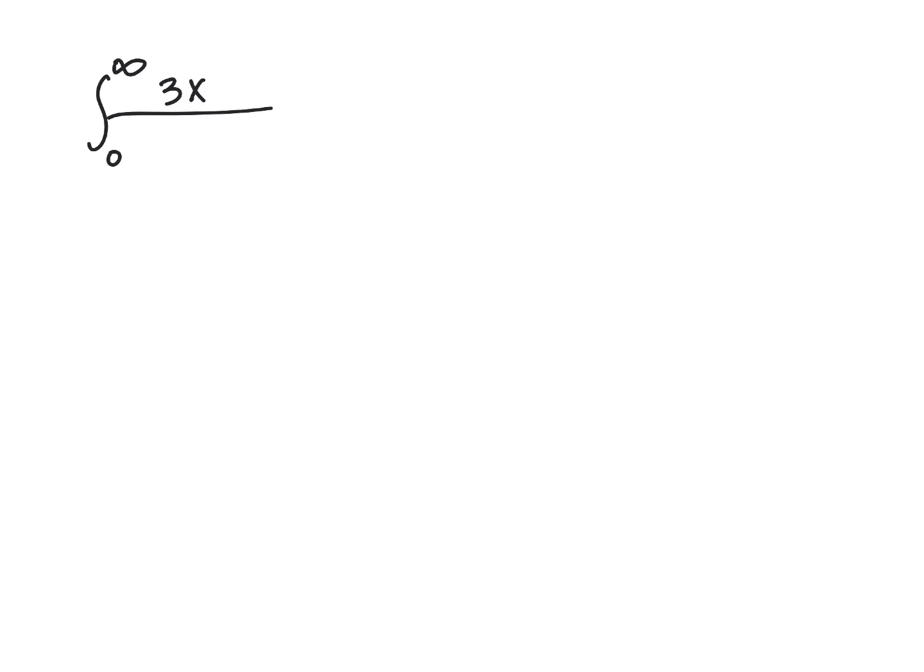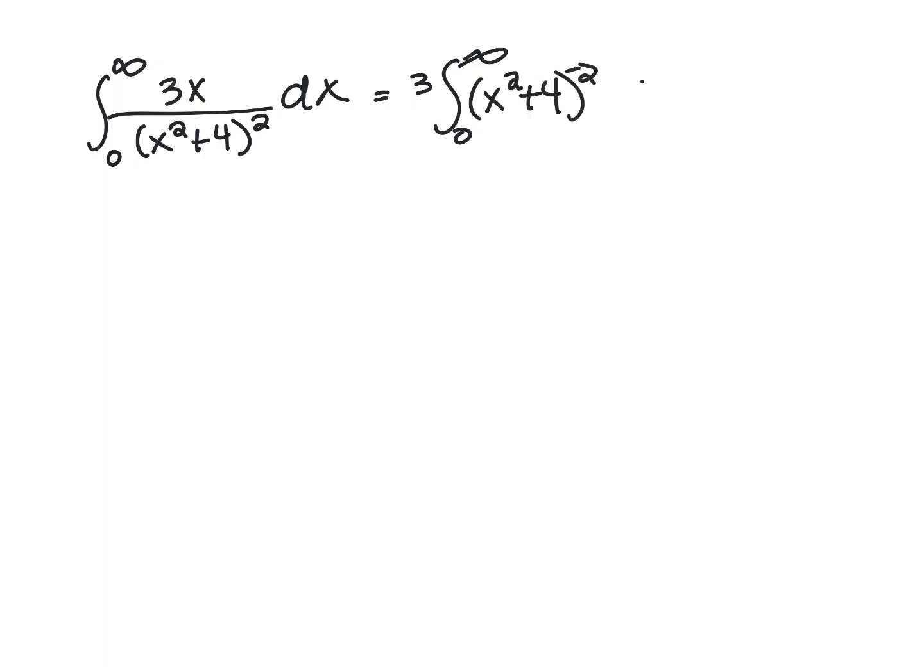Try this one. We're using the same u and du as substitution. We've got blob to the minus 2. We have an x and a dx, but the derivative of the blob is 2x, so we multiply by the 2.